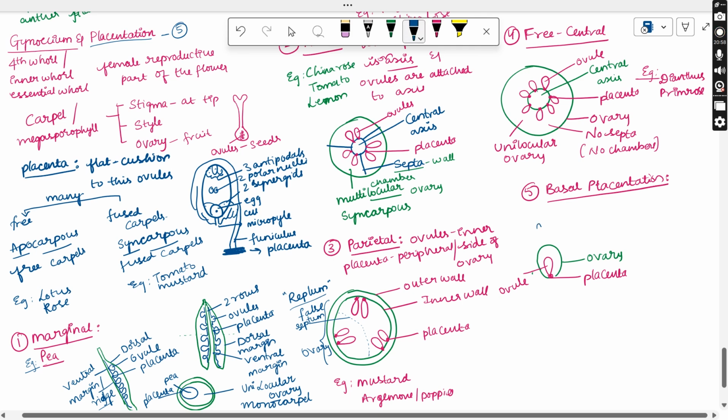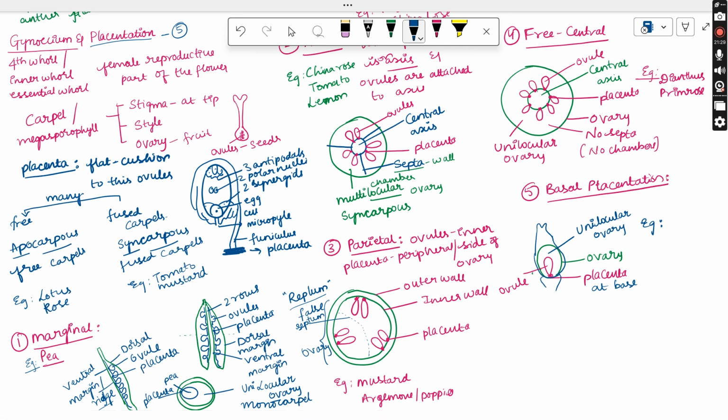And let me draw this part: this is the stigma, style, and the ovary. If this is the structure, how many chambers can be seen here? You can find only a single chamber. So this is a unilocular type of ovary. Only a single ovule is present and the placenta is present at the base. This type of placentation we call basal placentation. A unilocular ovary is present and the placenta is developing at the base of this ovary.